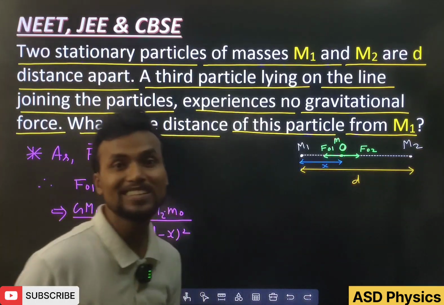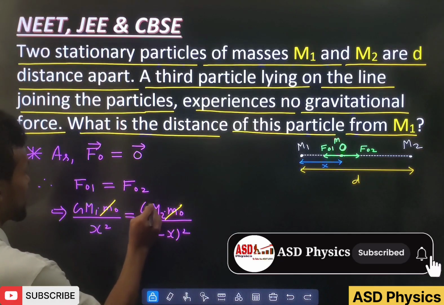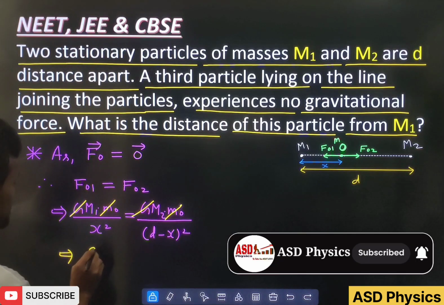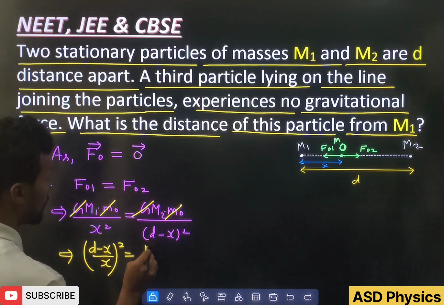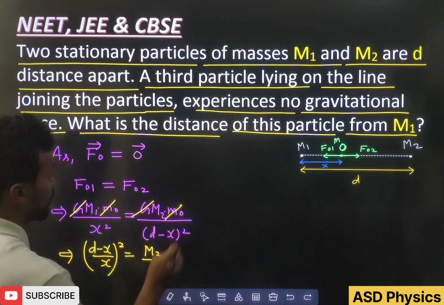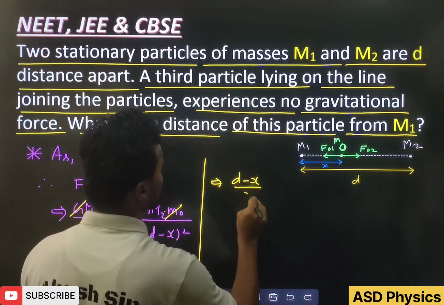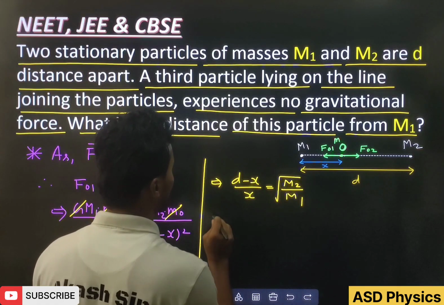This length is D minus x. Now m0 and m0 cancel, G and G cancel. So from here I can write (d minus x) by x whole square is equal to m2 by m1. Next, (d minus x) by x is equal to square root of m2 by m1.